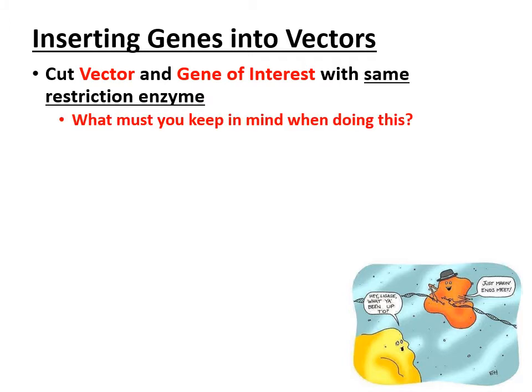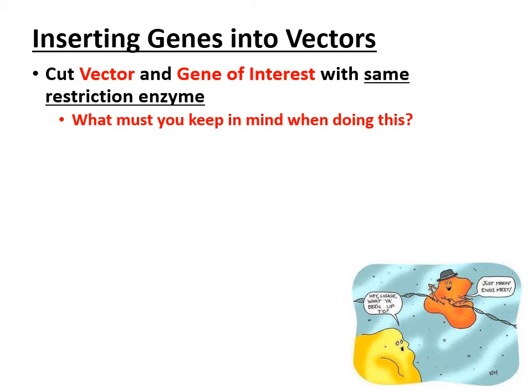Okay? Now, when you're going to do this, there's certain rules you have to keep in mind. The first one is when you cut, you should only cut the vector once. Okay, you want to open up the vector so that you can glue in the new gene. But what would happen if you cut the vector more than once? You didn't open it up now.